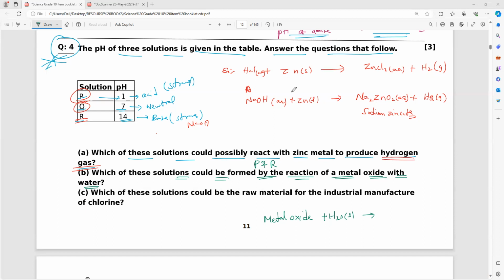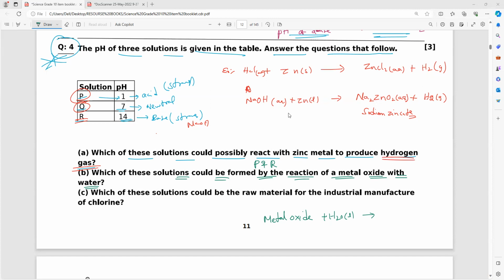Combination reactions. Calcium oxide reacting with water. No, we have written it somewhere. I want it now. Metal oxide plus water will give you metal hydroxide. That example, where have we written it? Metals and non-metals only. Okay, just wait.